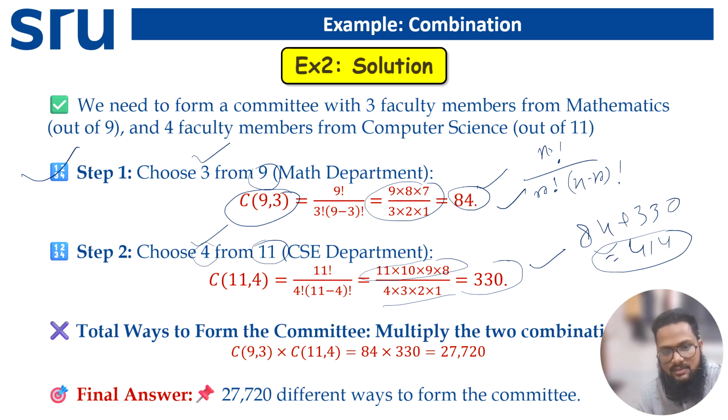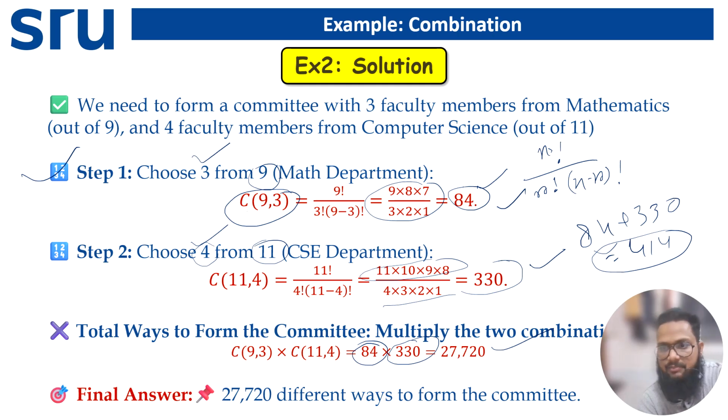The first set has a total of 84 choices, the second has 330. You just multiply and you will get the answer, 27,720. So these are the different ways to form the faculty committee or faculty team to develop the discrete math course.